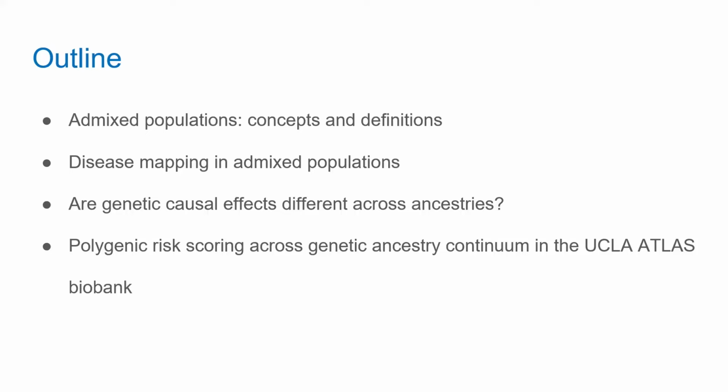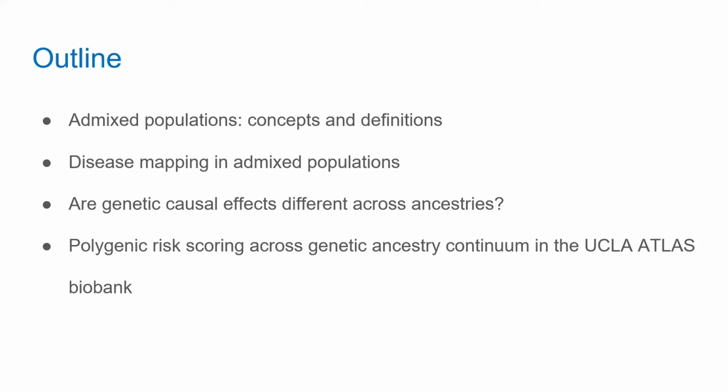Then I'm going to dive into statistical methodologies that we and others have been developing to do what is called disease mapping. So this will be association mapping all the way to trying to understand how genetic risk gets propagated in admixed populations.